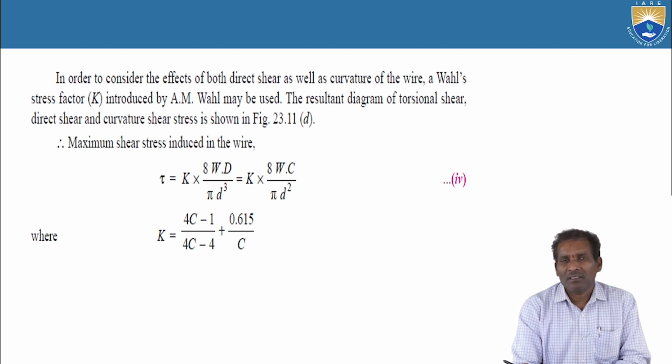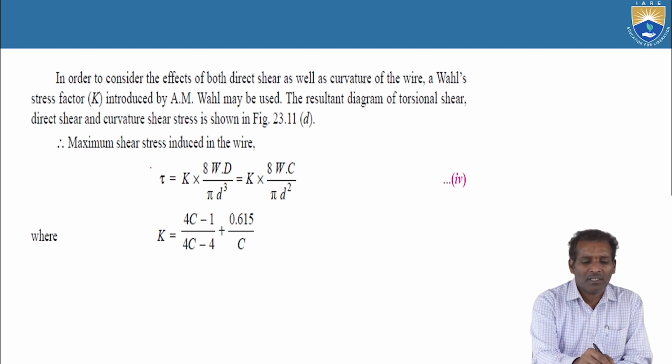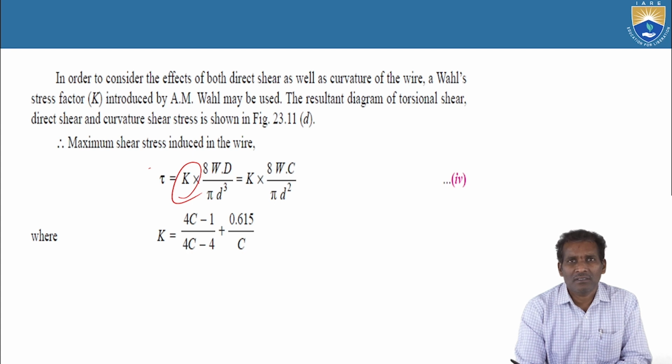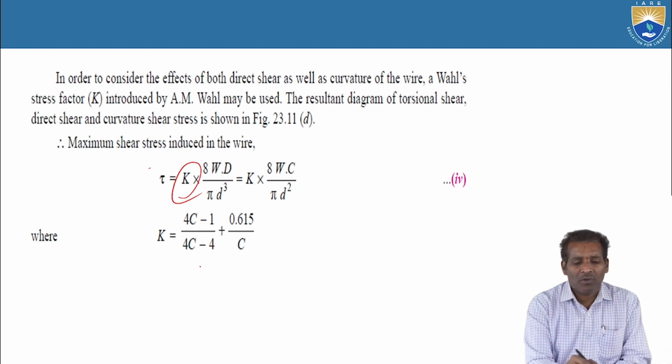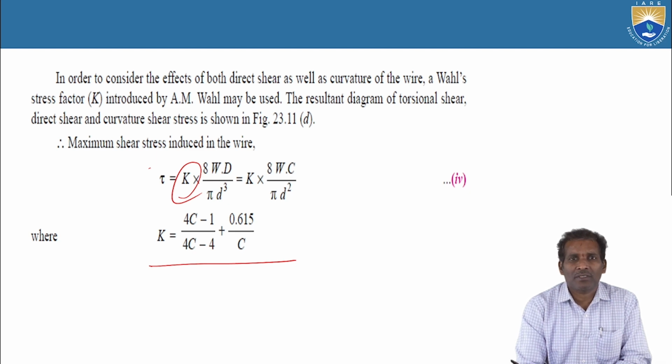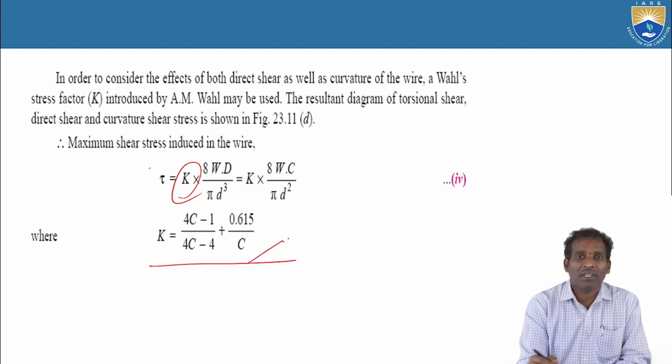So in order to consider the effects of both direct shear stress and curvature shear stress, a Wahl stress factor is used. Instead of direct shear stress and curvature shear stress, you can use this Wahl stress factor, denoted by K. This factor was introduced by A.M. Wahl. The Wahl stress factor K is equal to (4C minus 1) divided by (4C minus 4) plus 0.615 divided by C. What is C here?